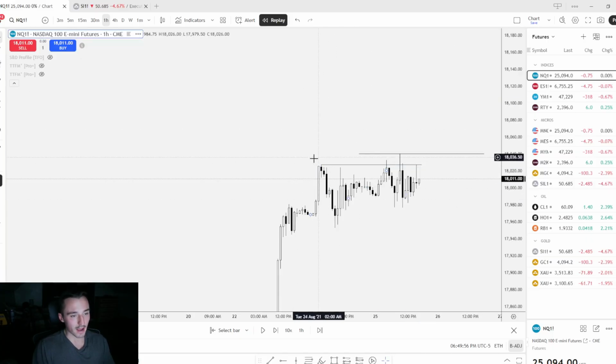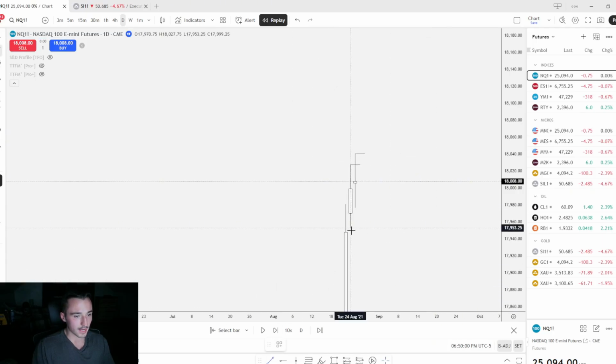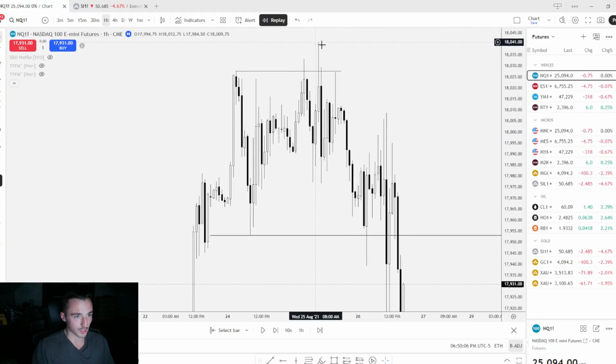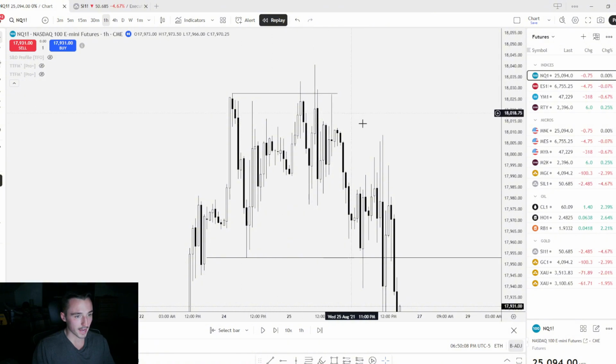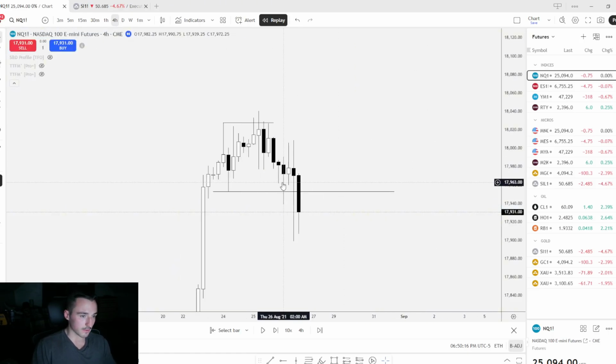So what do you target after external range liquidity is taken? Internal range liquidity. Boom, right? So we're just here on the hourly chart. We take external. This is our daily internal. We return to internal. I think I have to call it here, right?